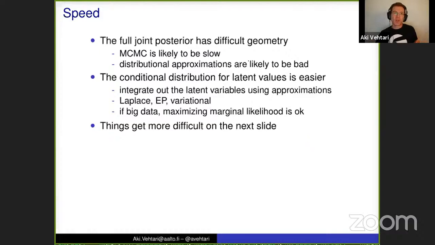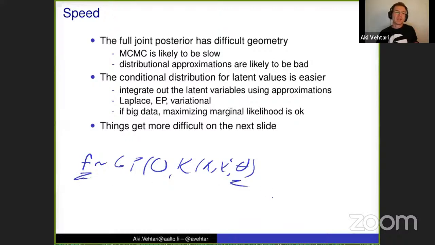Specifically, when we are talking about the full joint, if we have f having a GP prior with some covariance k(x, x') that has some parameters theta, then the full joint of f and theta, and even y is some non-Gaussian distribution with parameters f and phi, so the joint also with phi.